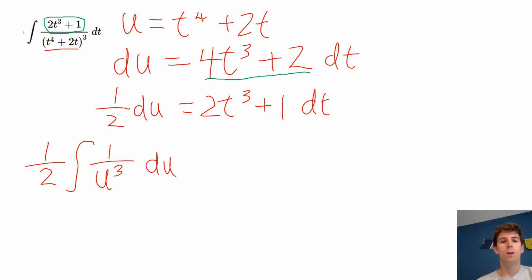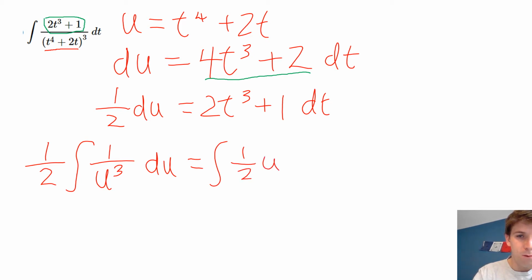The 2t cubed plus 1 came out in the du step, I replaced that with 1/2 du. The t to the fourth plus 2t came out as u, and I still have that u cubed there. All right, great. So this is not that hard an integral. I'm just going to make it 1/2 u to the -3 power.